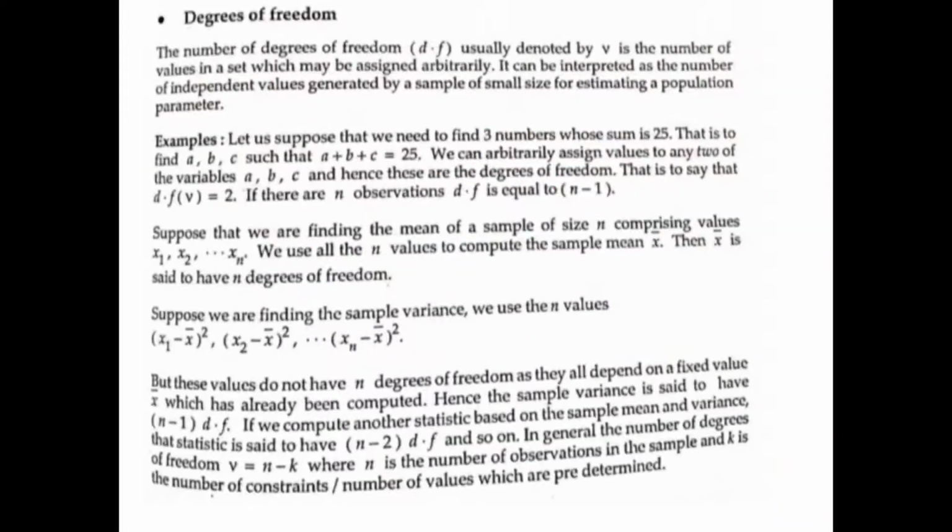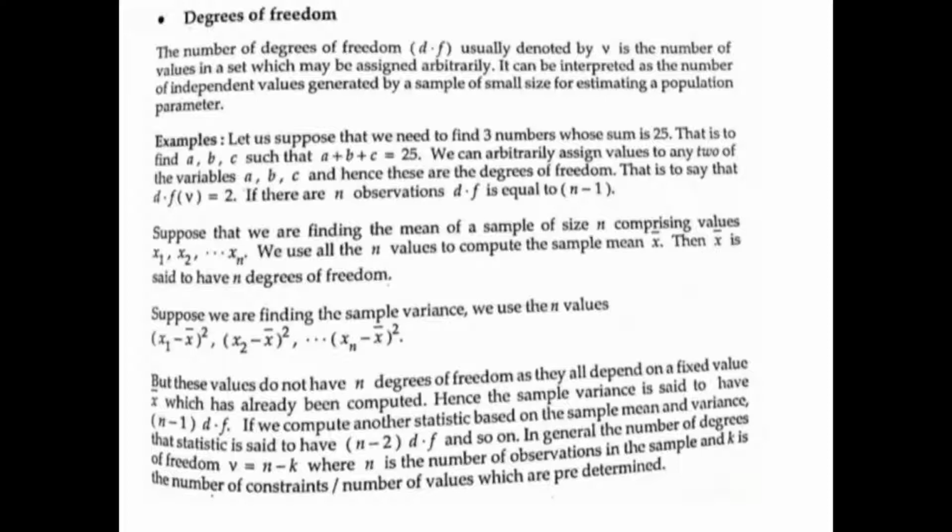But before that, we will look into what is called degrees of freedom. For both these tests, degrees of freedom is a very important technical term that you have to understand.